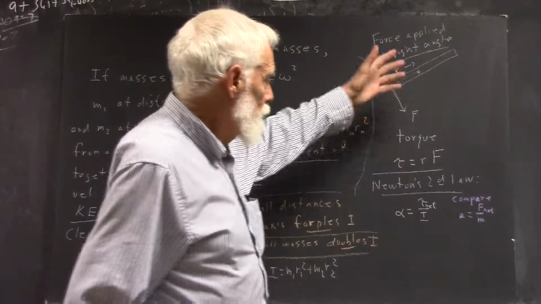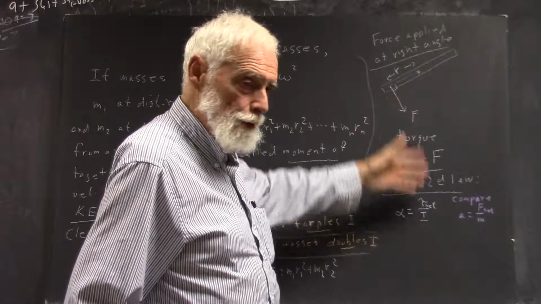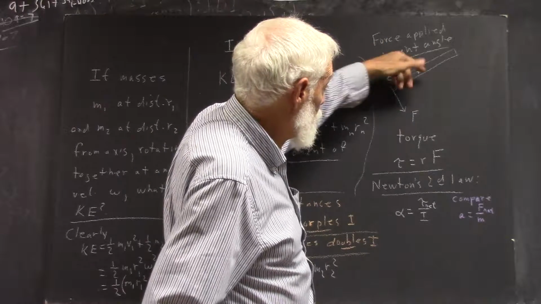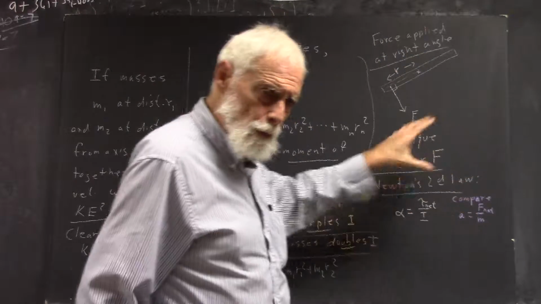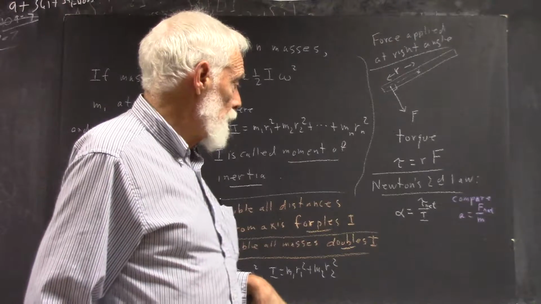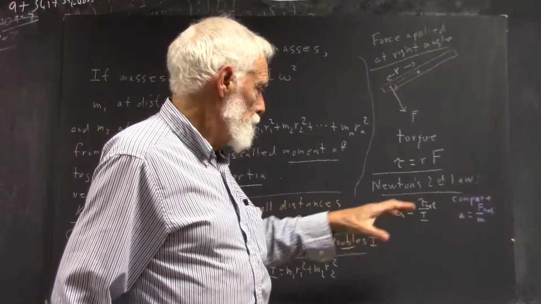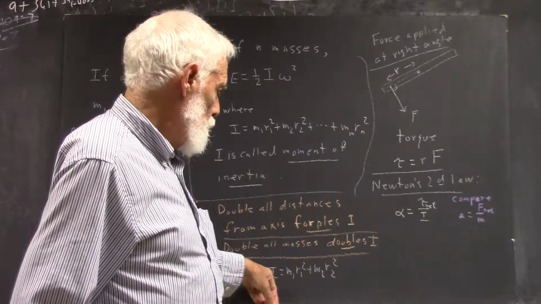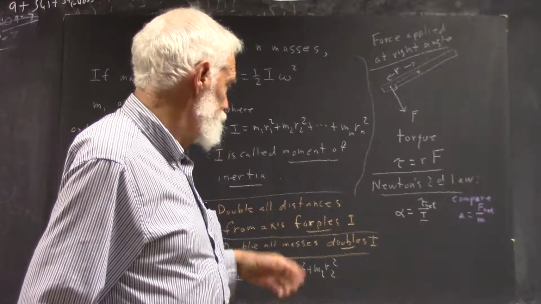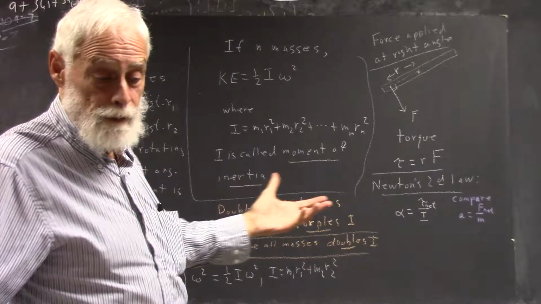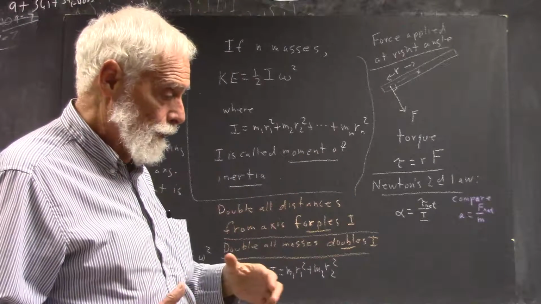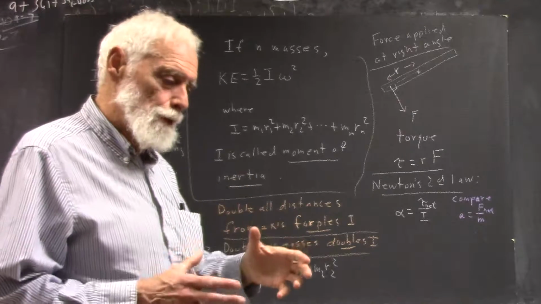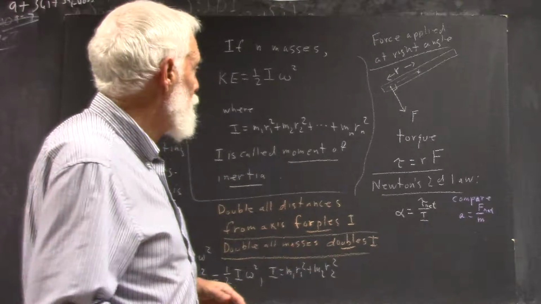Again, haven't had complete rigor here. What if the force is at some angle other than perpendicular to this thing? We formalize that a little bit later. But again, here's how you deal with angular dynamics, angular motion as a result of forces exerted in given directions at given positions.